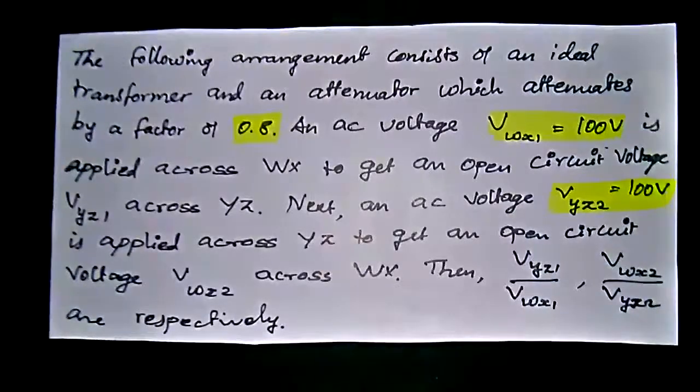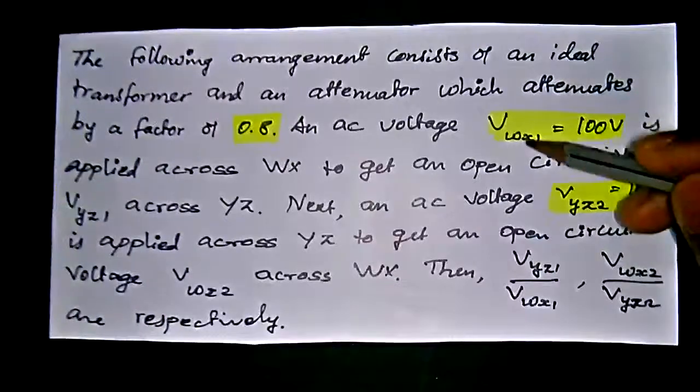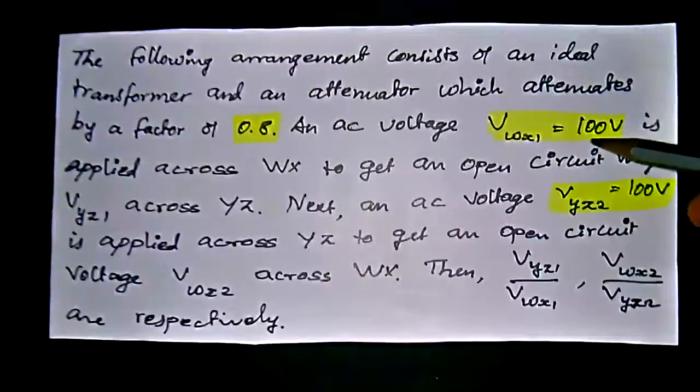So we have to find the output divided by the input, which we call the gain value. For applying these two voltages separately, we have to find the gain values using the AC voltage one time, and again find this value in the next step.